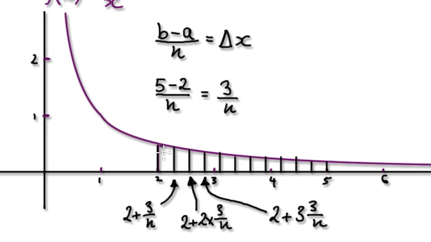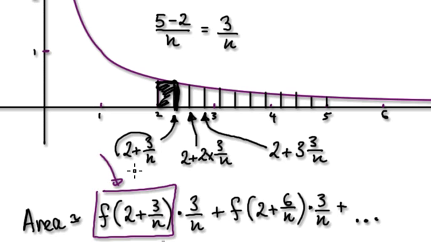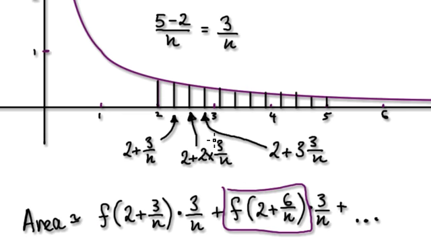The area of this rectangle here would be this height, so that would be this bit here. That's the height of the rectangle, and then we times it by delta x, the width of this strip. So this whole bit will be the area of our first rectangle, and then the area of our second rectangle would be this.